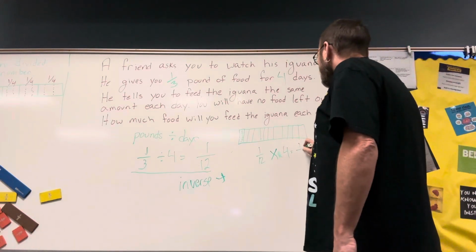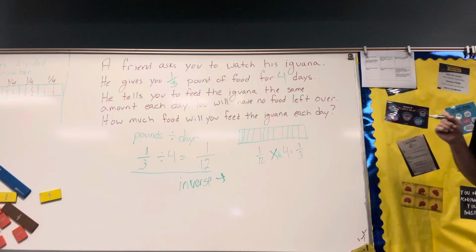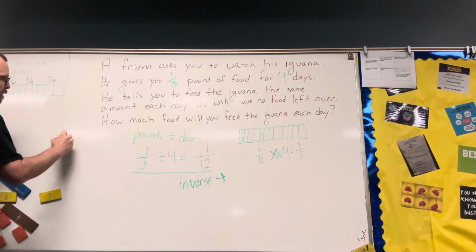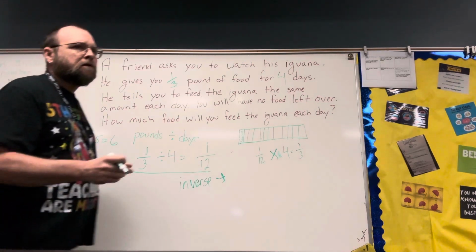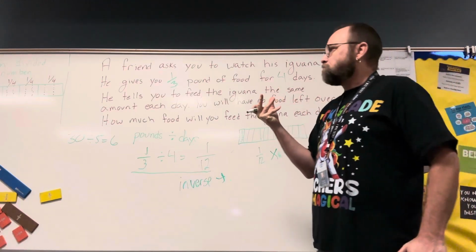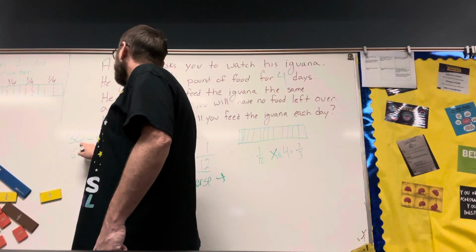1/3. I don't understand how you did that, Mr. McMurdo. Well, let's talk about that. Let's use whole numbers. If I said 30 divided by 5 equals 6, could you tell me the inverse equation? 6 times 5 equals 30.